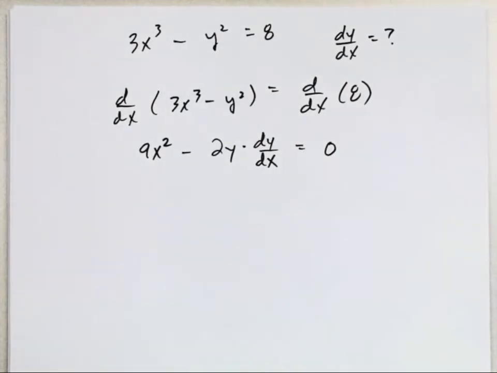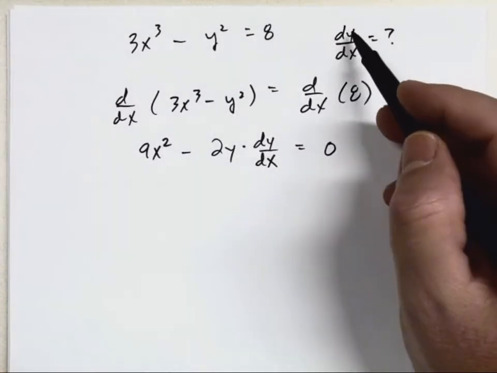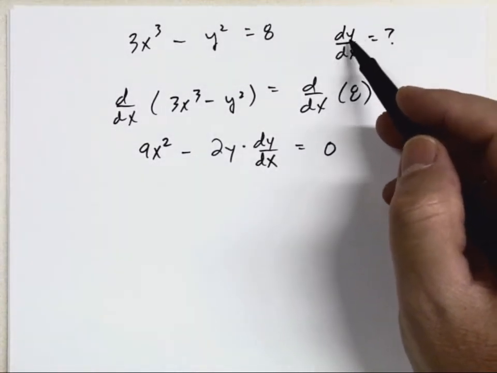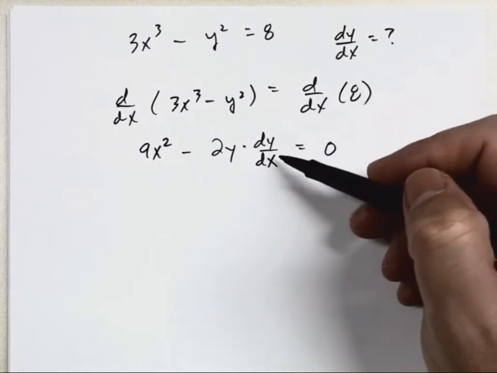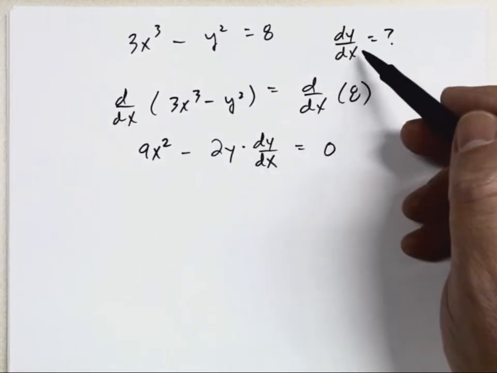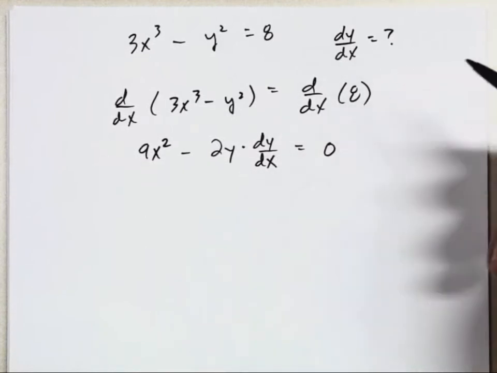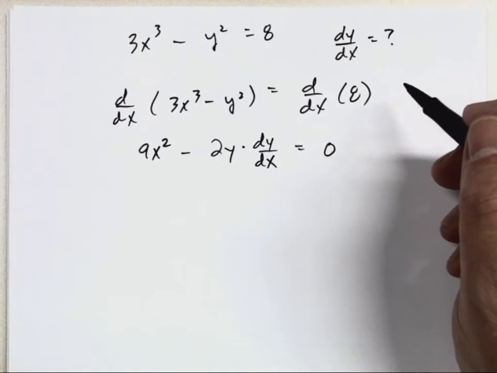So now I've taken the derivative of both sides, and the ultimate goal of this problem was to see what dy dx equals. Well, I have a dy dx equation now, so to solve for it, I need to get the dy dx by itself. So now it becomes an algebra problem.